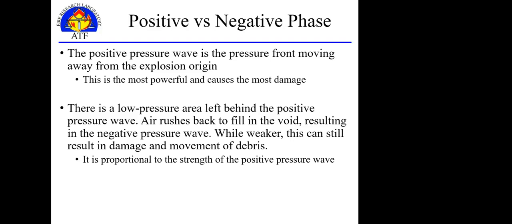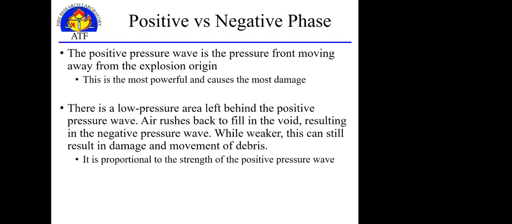But as that pressure front moves away and that reaction front moves away from its origin or the epicenter, you kind of leave a little bit of a vacuum. There's a low pressure area behind it. So the negative pressure wave is when all of that air, after the positive pressure wave has gone away from the origin, we've left that low pressure area. So now all the ambient air comes back in to fill that void and equalize everything.